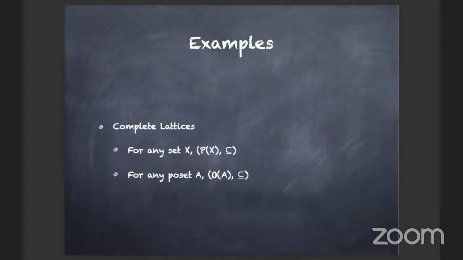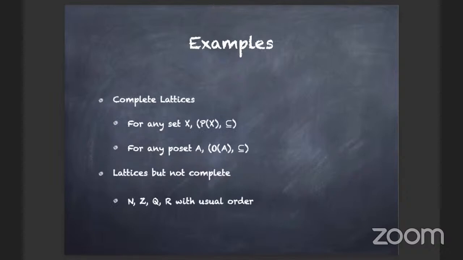Now, for example, you can check that the power set of X with the subset inclusion, or the downsets of A with the subset inclusion, they all form complete lattices.